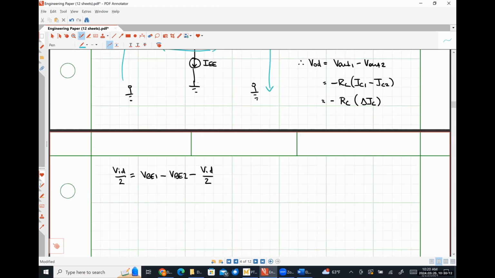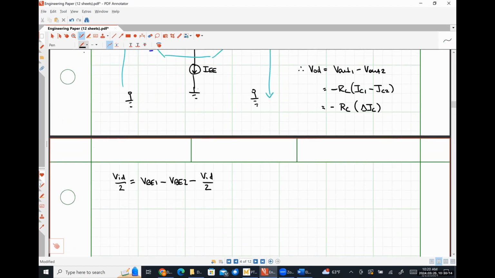That's what we get. All right. This can hopefully very obviously be arranged to find that our input differential mode voltage is simply the difference between VBE1 and VBE2.